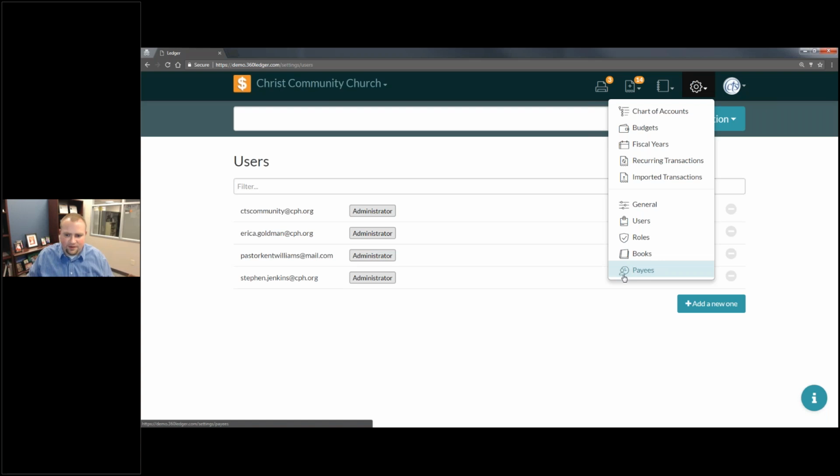So you have the shared database. Now, one of the main benefits of Church360 Ledger that I probably should have started with is the fact that it is web-based. It is online church finance software, which means you can access it from anywhere with an internet connection. And that's especially good for volunteers who are doing this in the evenings from home. You might have a regular full-time day job.